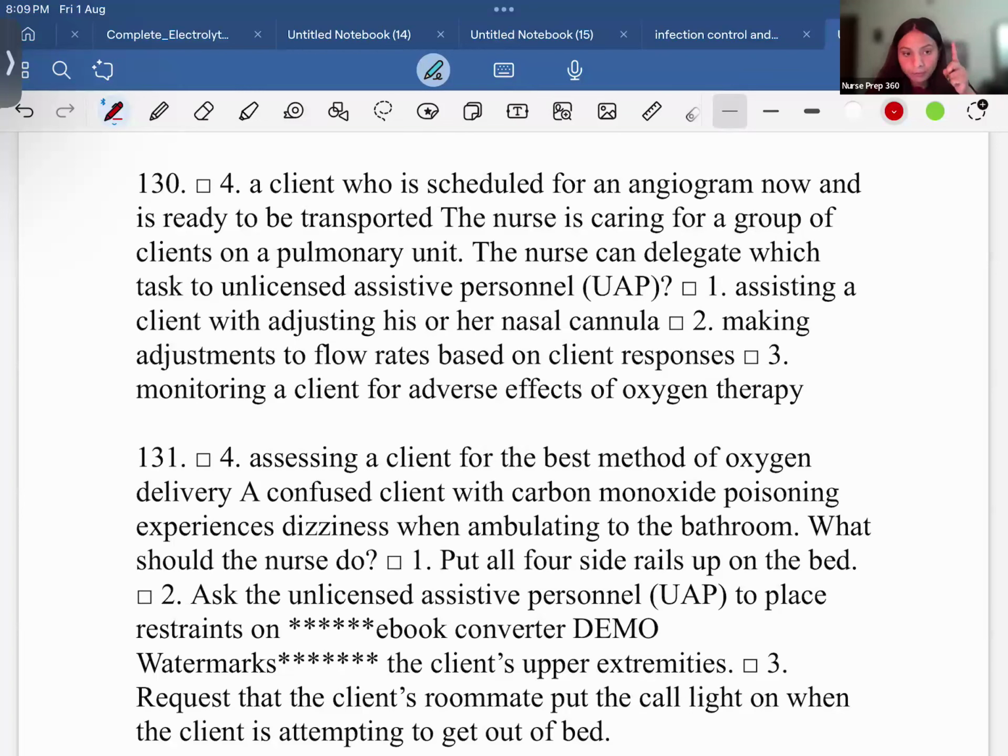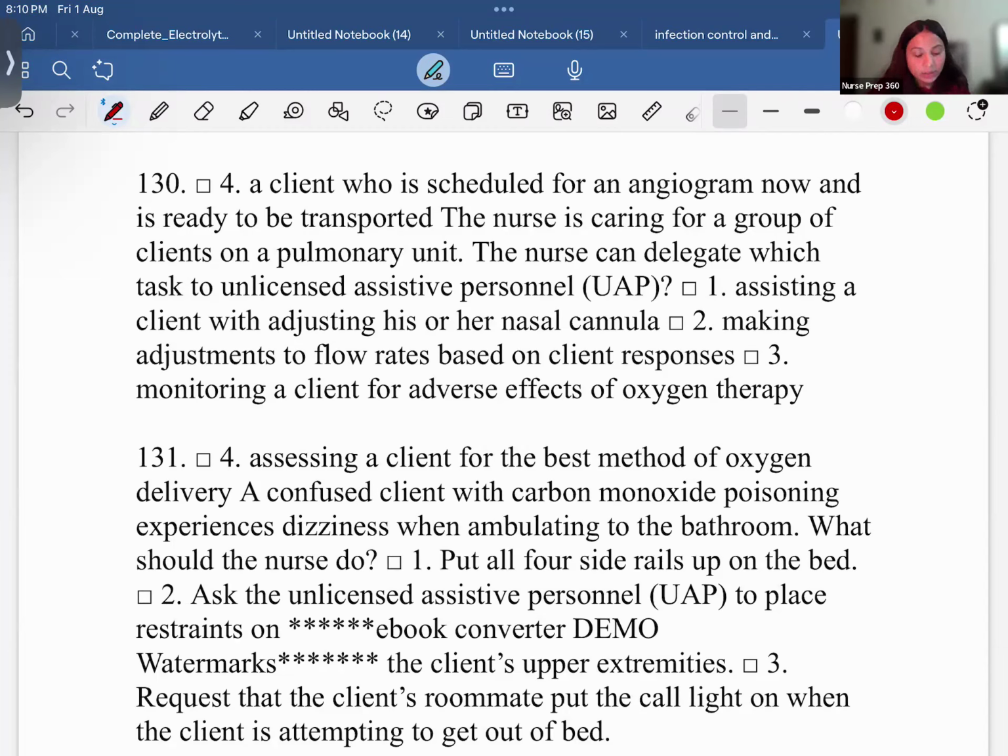Second, you will ask, okay UAP, can you just adjust the flow rate based on the client response? So as an RN, I'm telling a UAP to go and look at the client's condition and manage the oxygen. Can a UAP do this? Yes or no, you tell me.